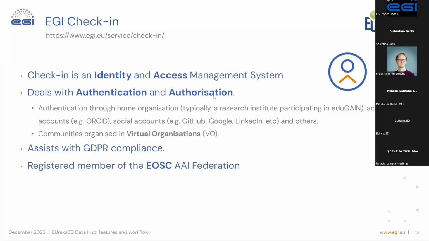And authorization is the process of assigning permissions or verifying the permissions that the user has in a system. Check-in also assists with GDPR compliance and is also a registered member of the EOSC AAI Federation.